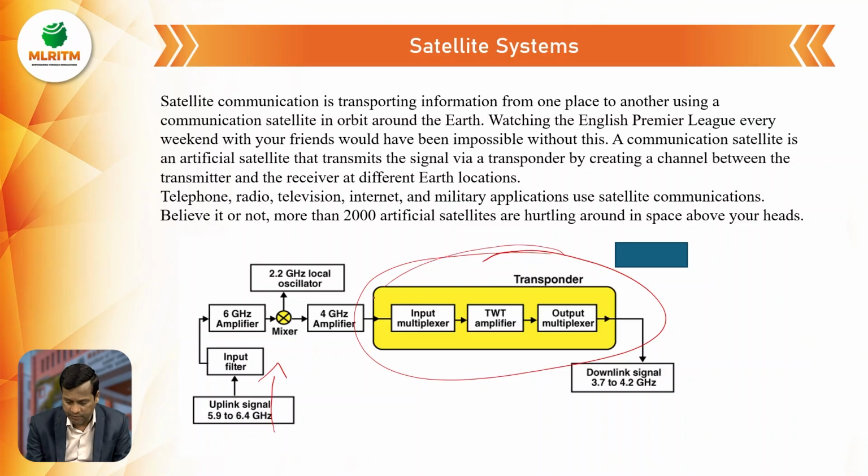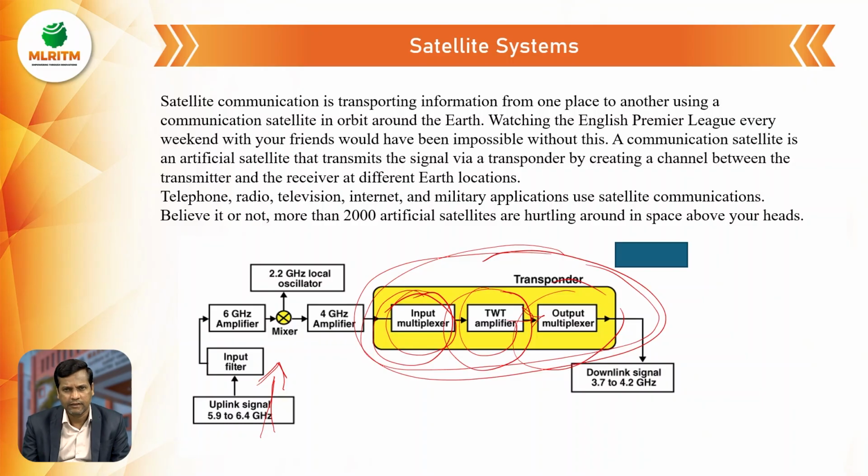In the transponder, whatever the message or data is, it goes to the input multiplexer, then the amplifier, and then the output multiplexer. The input multiplexer takes the signal from the uplink, then it is amplified, and then it goes to the output multiplexer. Then it comes to the downlink.